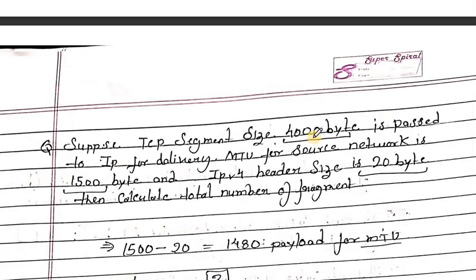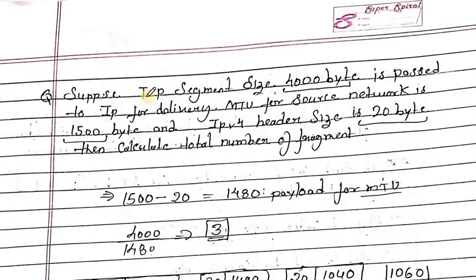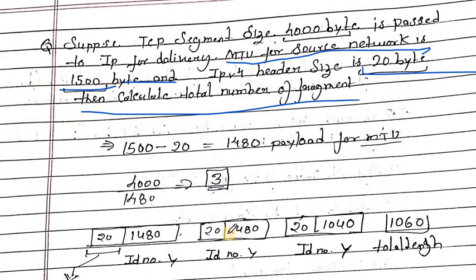Okay, let's see the example. Here is the question. Suppose a TCP segment of size 4000 bytes is passed to IP for delivery. The MTU for the source network is 1500 bytes and the IPv4 header size is 20 bytes. Then calculate the total number of fragments.